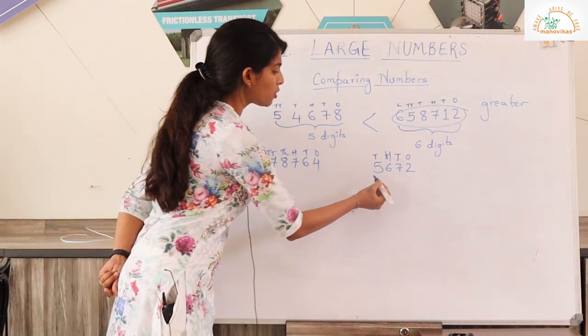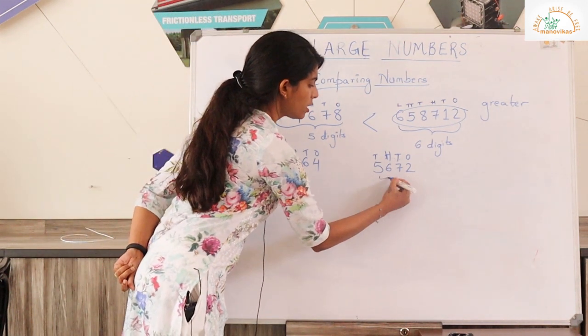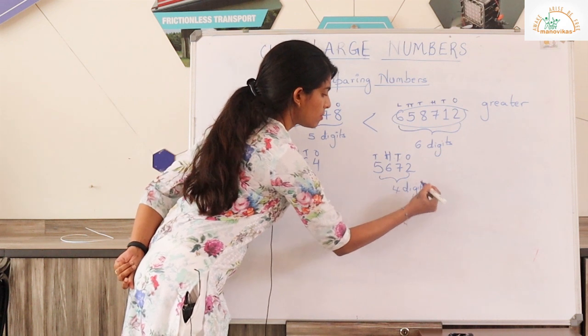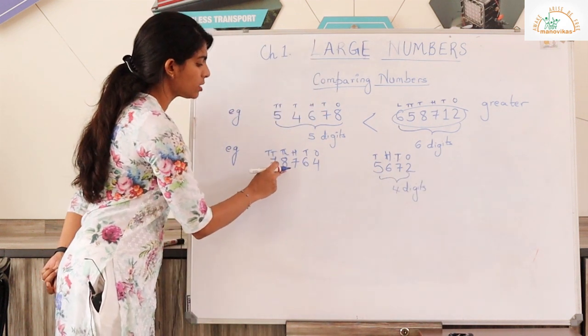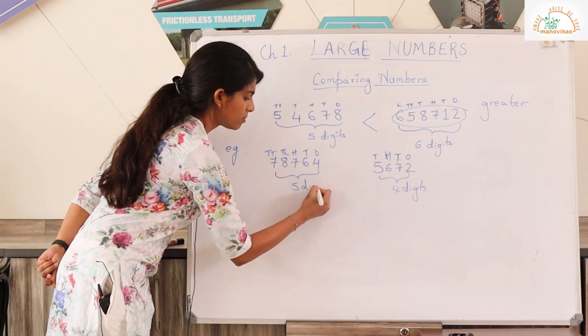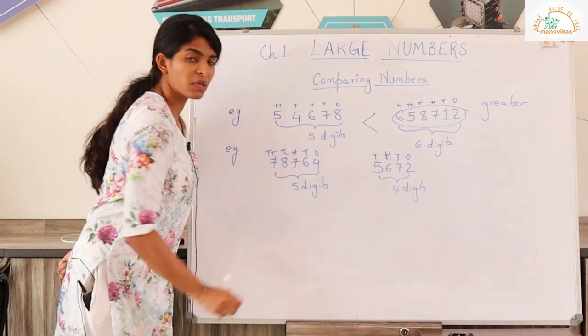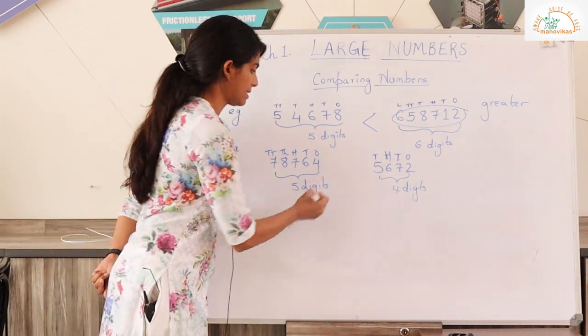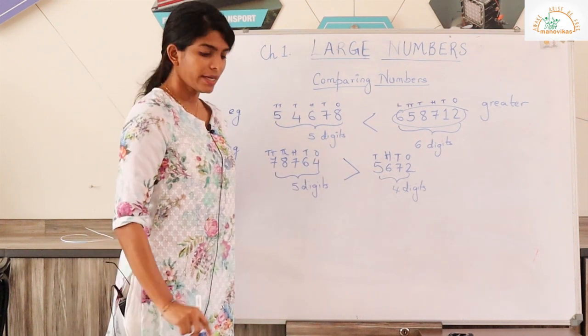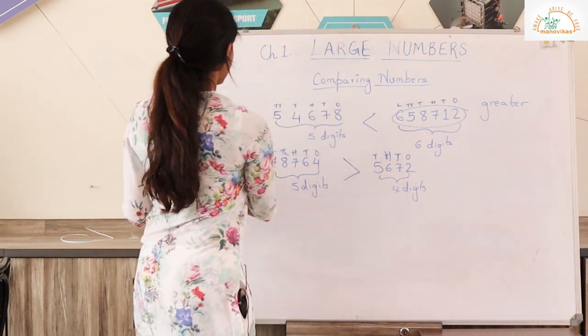Now you count the number of digits. 1, 2, 3, 4. Here there are 4 digits. Count the number of digits here. 1, 2, 3, 4, 5. There are 5 digits. Can you tell me which number is greater here? Yes, this number is greater than this number. Alright, now let's see the second step.